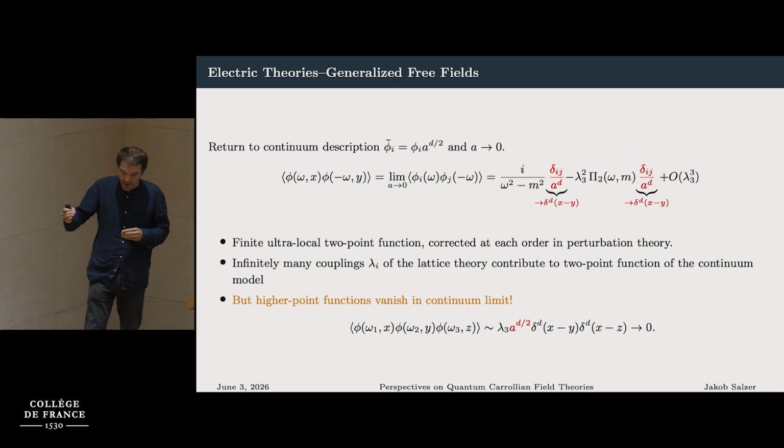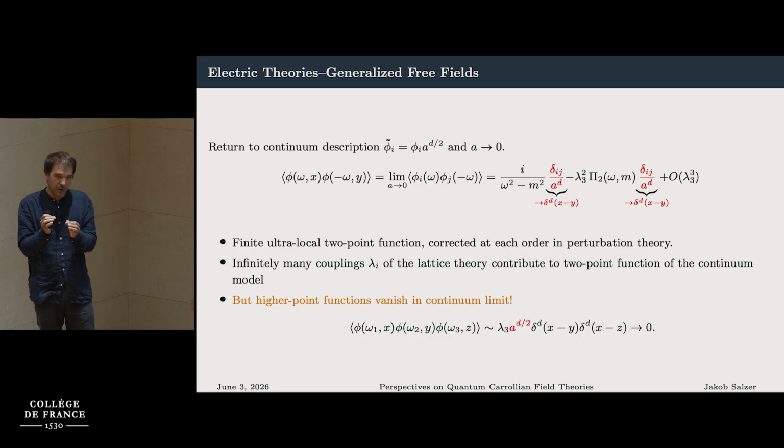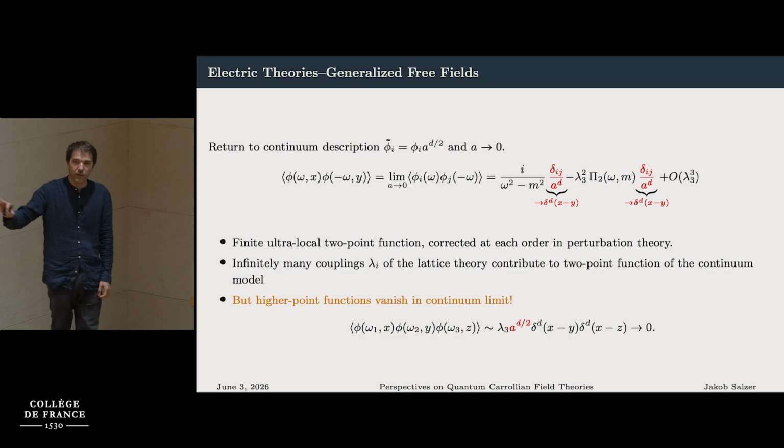But let's go now and check the 3-point function, where we again want to have some ultra-local 3-point function. And indeed, you find that the 3-point function of this field is proportional to lambda 3 times some spatial distributions. But if you really do the continuum limit, send a to 0, all of these higher point functions vanish.